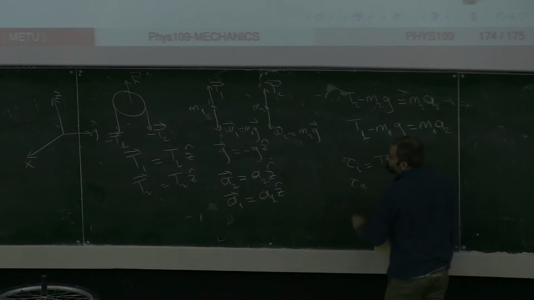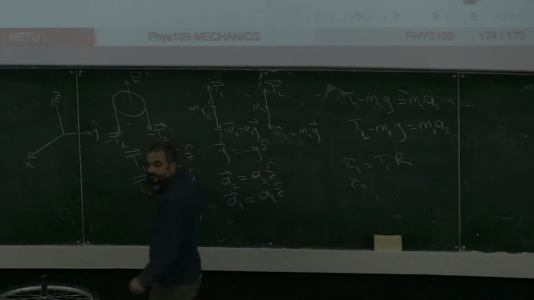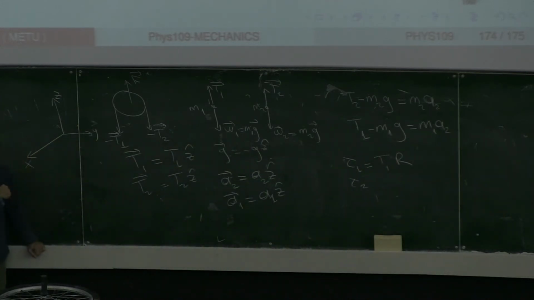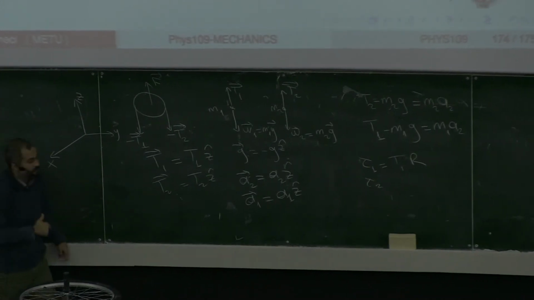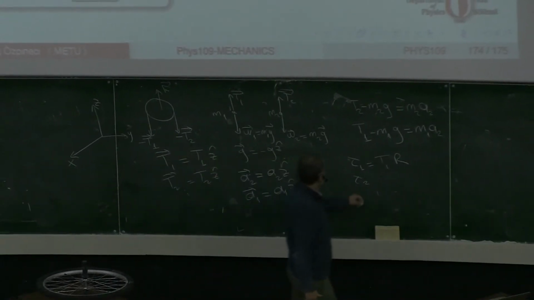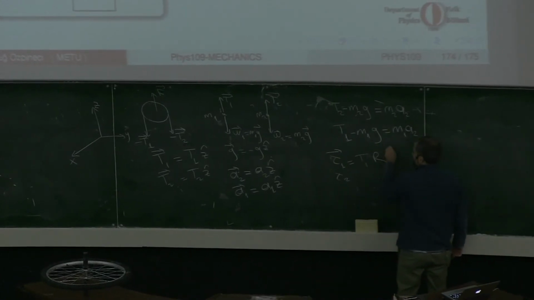Similarly, the torque created by this other cord, the string on the right hand side: this is the r vector, the application point, the force is downward, so my thumb points in the direction of the torque, which is inside the blackboard, so it's in the minus x direction. So tau 2 will be T2 r in the minus x direction.